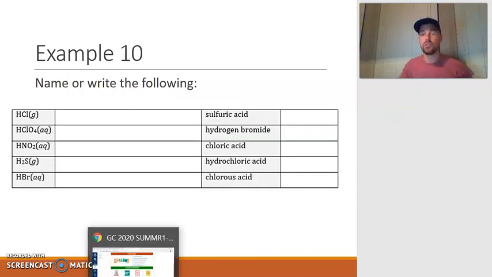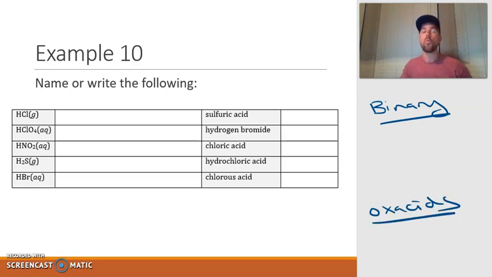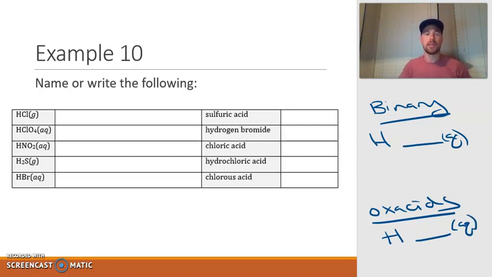Real quickly, as a review again, let's remind ourselves how you can determine the difference between binary and oxoacids. What do they both have in common? They both start with hydrogen, and they're both going to be aqueous. What's going to be different between them? For binary, it's going to be an element attached, and in terms of the name, it's going to start with hydro.